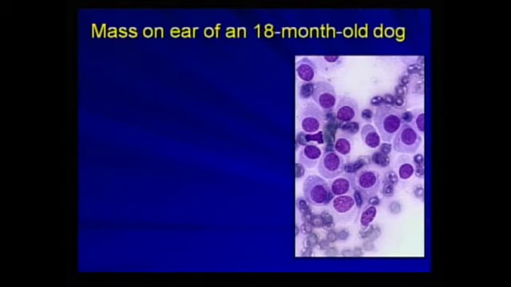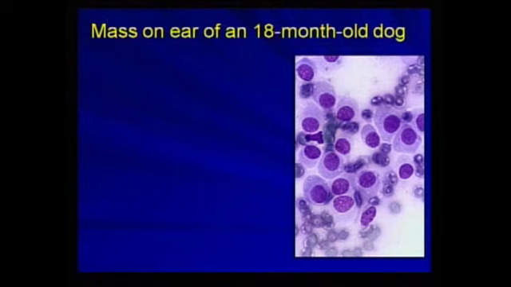We're looking at a mass on the ear of an 18-month-old dog. We have numerous individualized round cells on a background of erythrocytes and some proteinaceous material. The round cells vary moderately in size.